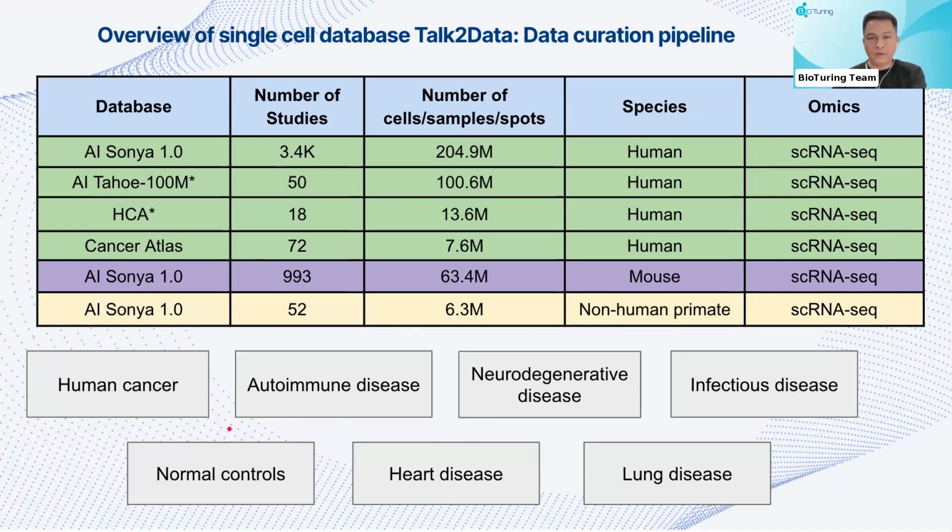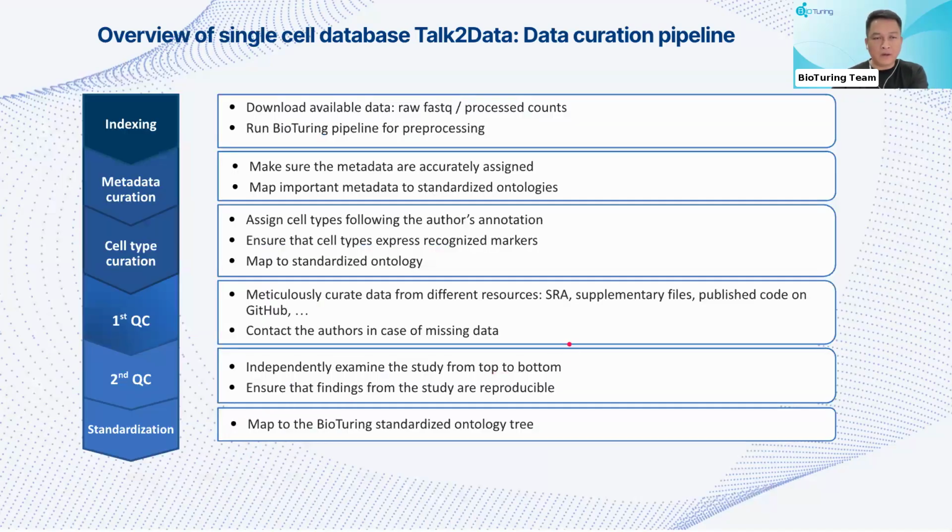Yeah. And this quickly shows you how the data are curated, because one of the important things is that Talk2Data is a database where we curate published data from publications, and it's very important to process the data in the same way to be able to compare between different datasets. I will also mention later that in the new atlas we do batch effect removal before any analysis.